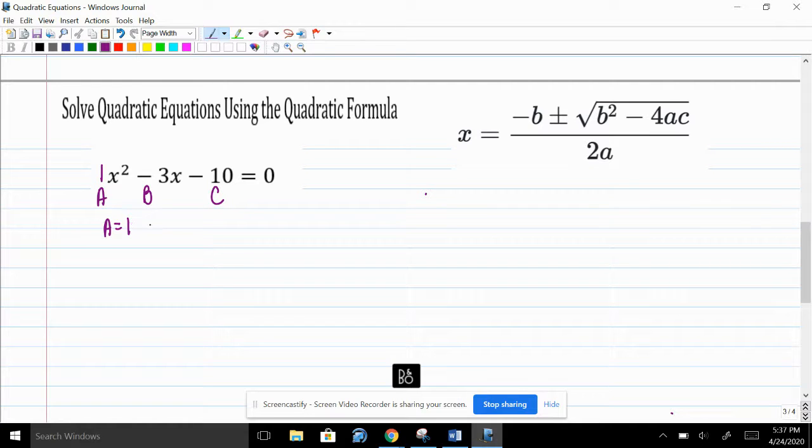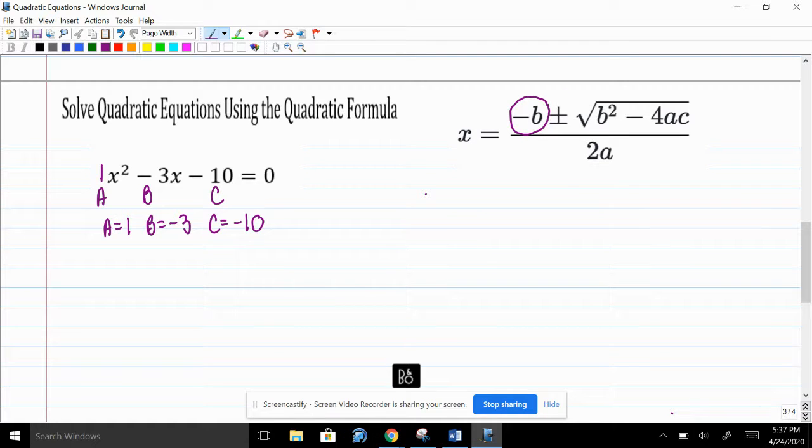Okay, so A is going to equal 1. B, you notice there's a negative there, so B is going to be -3, and C is going to be -10. So when I plug in, I got to be conscious that I'm plugging in a couple negative numbers. Right off the bat, guys, in the front of the formula, there's a negative B. Right?